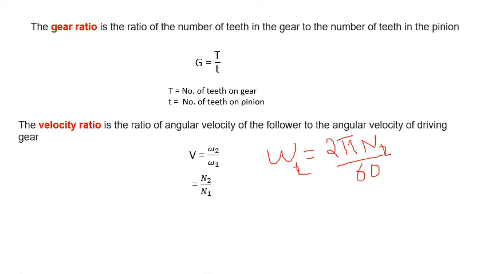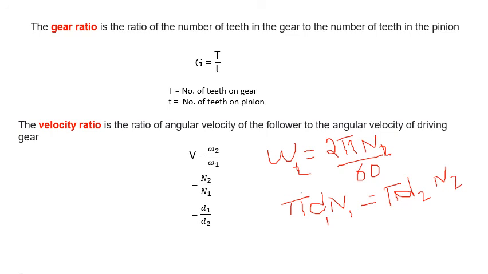Then it can also be written as d1 by d2, because we know that linear velocity is nothing but pi d n. Therefore pi d1 n1 is equal to pi d2 n2.